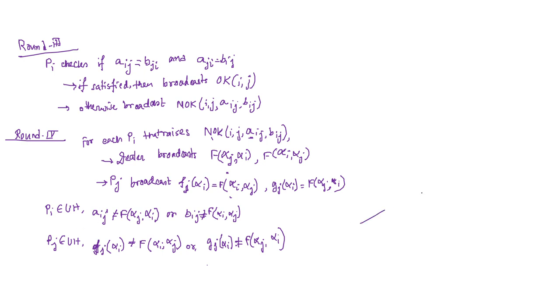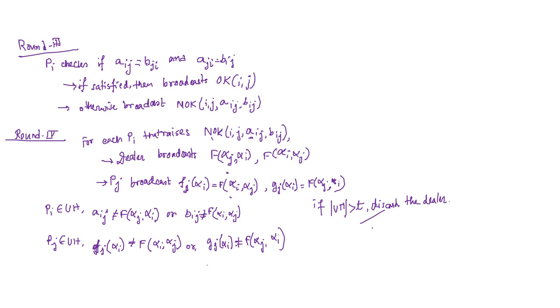Now verify that if the size of the unhappy set is more than t, then you discard the dealer, because the dealer must be corrupted in that case. More than t parties are not agreeing with whatever the dealer is telling. They are disagreeing with the dealer.